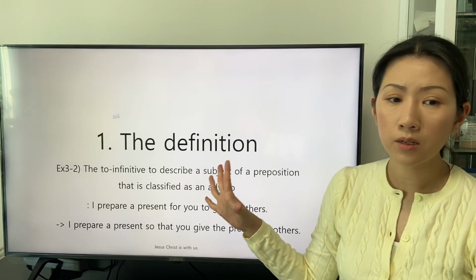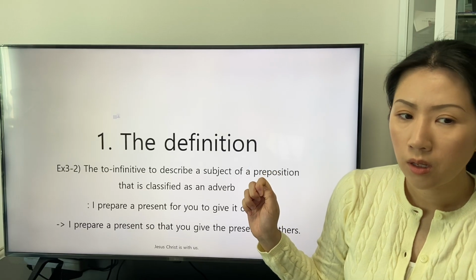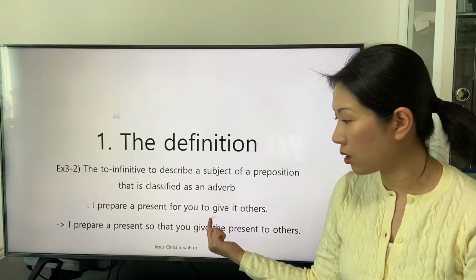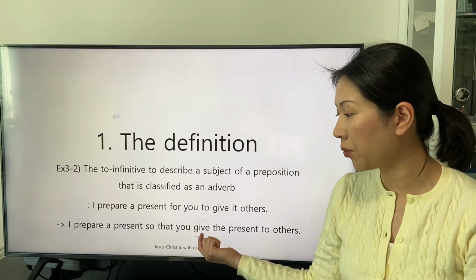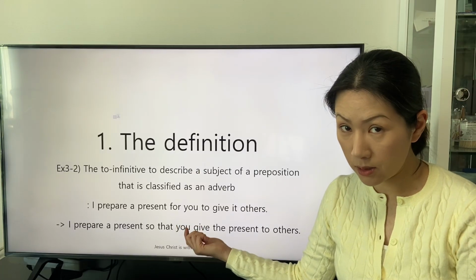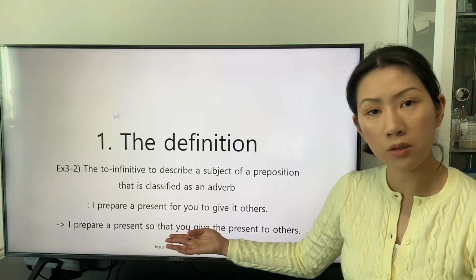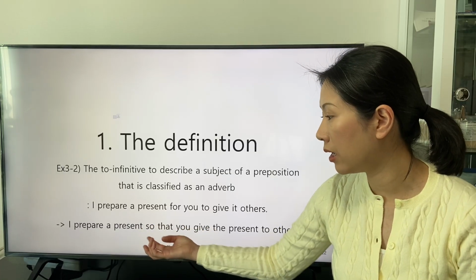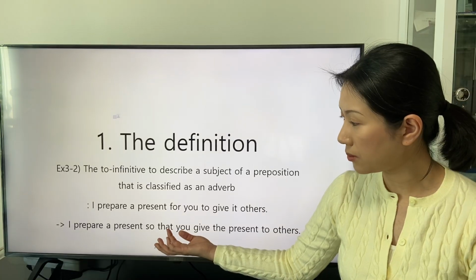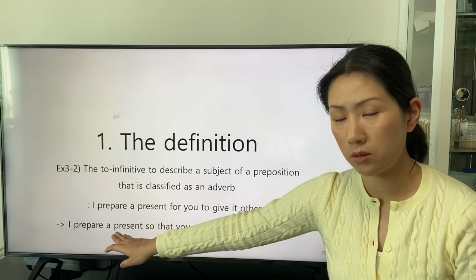We can see that the root infinitive becomes a transitive verb to describe the subject of the subordinate clause. The subordinate clause is linked by the conjunctive adverb so that to the main clause.